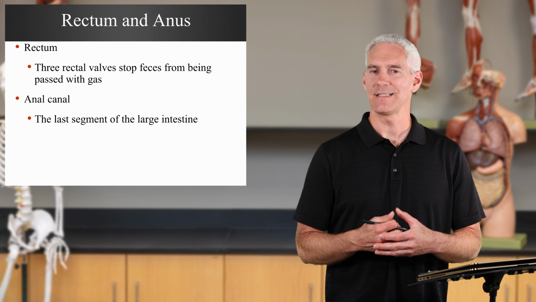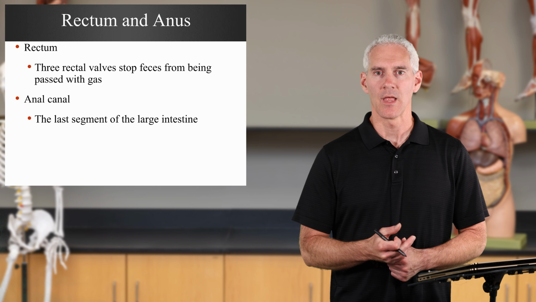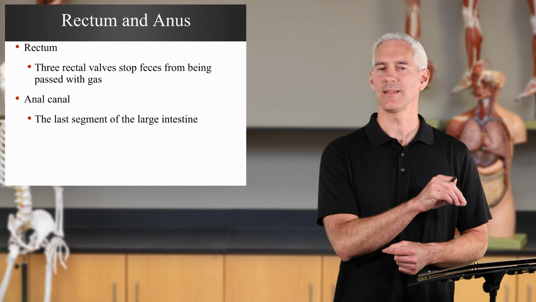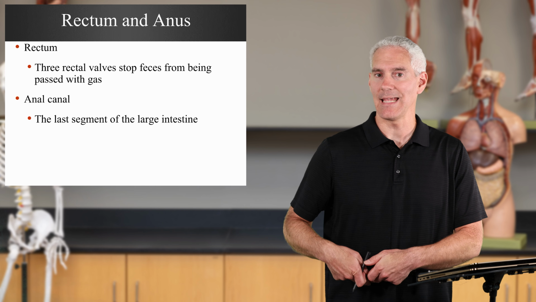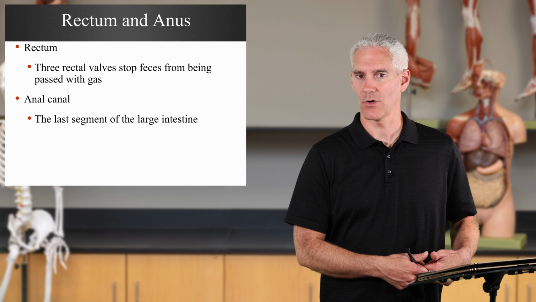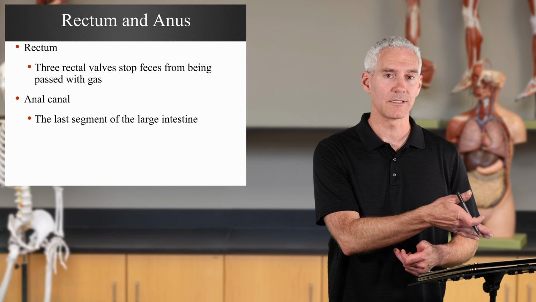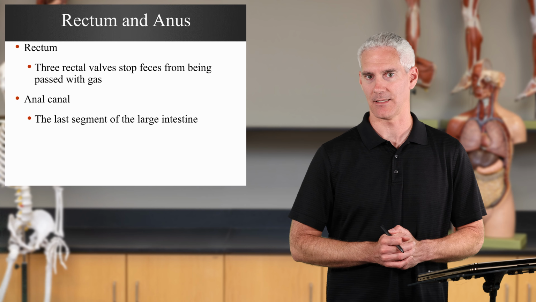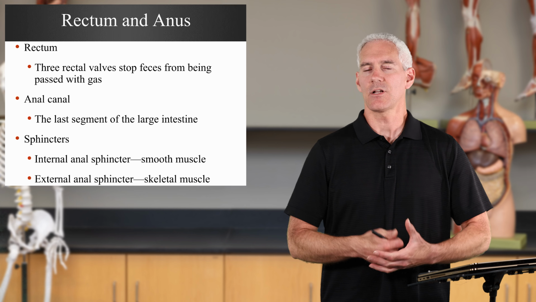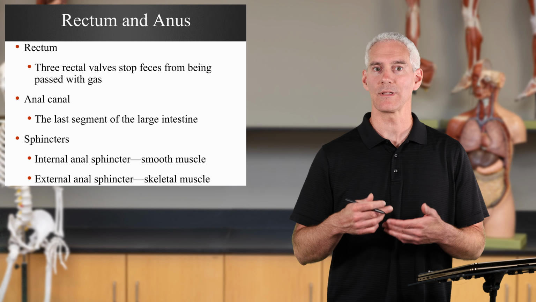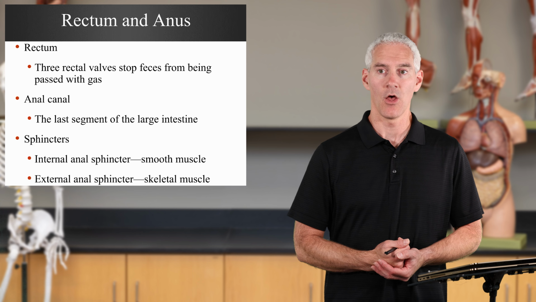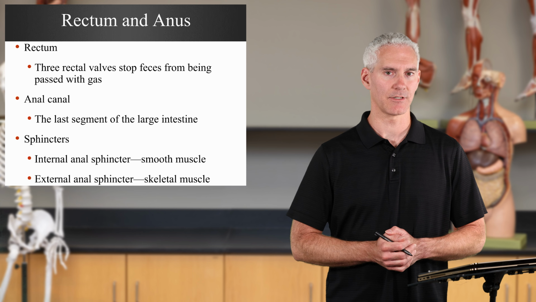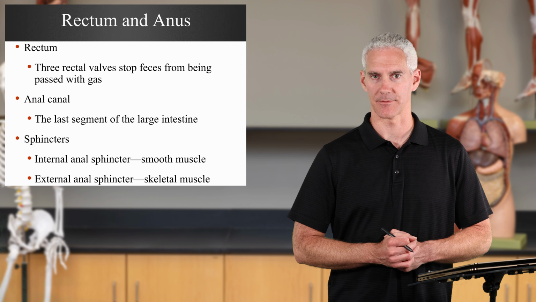Then from the rectum, you go into the anal canal itself. Now the anal canal is the very last segment of the large intestines. So we went from ascending, transverse, descending colon, sigmoid colon, rectum, and now finally the anal canal. The anal canal is going to be controlled and basically ringed around by 2 different sphincters. We have an internal anal sphincter and an external anal sphincter.